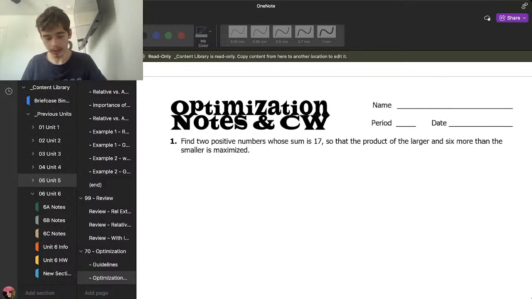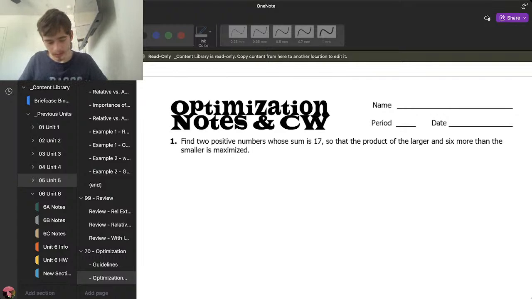So x plus y equals 17. x times (y plus 6) equals area. We're trying to not area, I guess. We'll call it P, we'll call it product. So that the product of the larger and 6 more than the smaller is maximized.